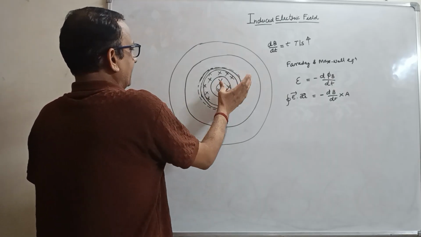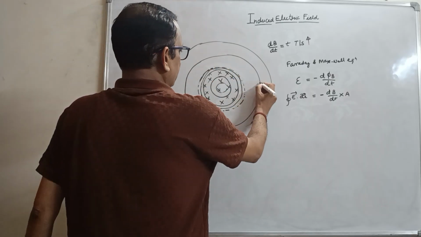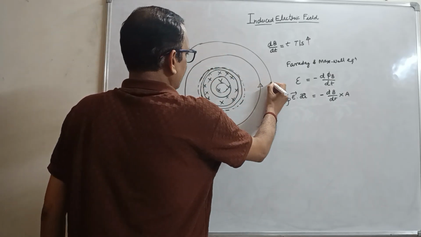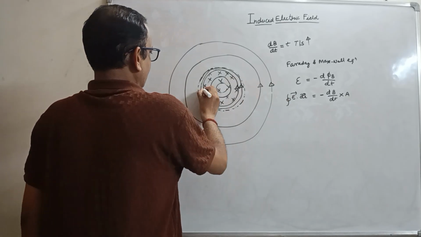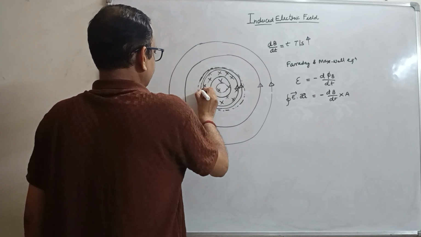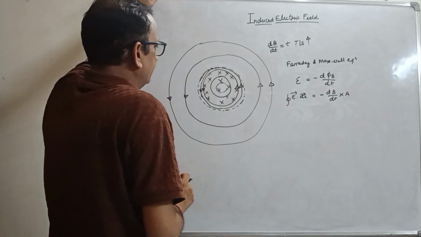So the imaginary current would be in such direction. The electric field by symmetry would be in the anti-clockwise direction. This is the induced electric field direction.